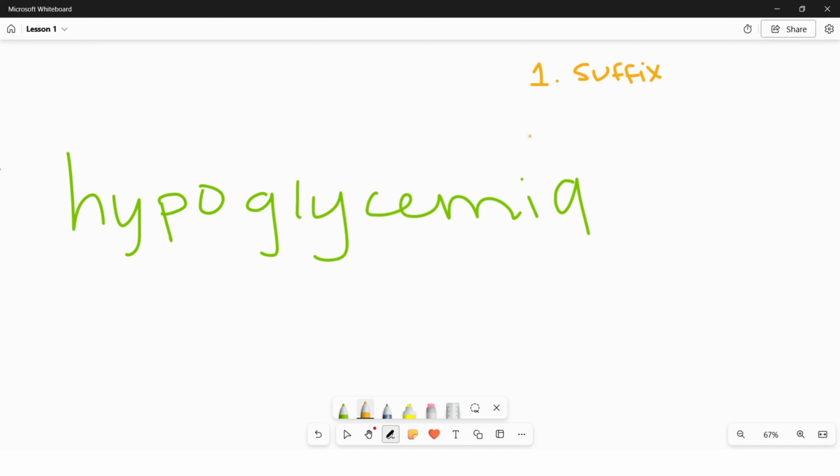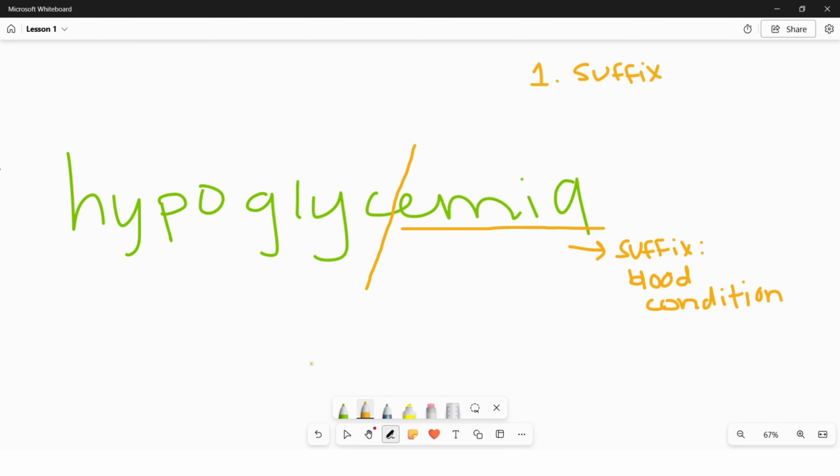And the suffix right here is emia. Okay, so let's put a line through it. The suffix you are going to label, write that it's a suffix, and then define. Emia means blood condition, right? Anemia, without blood, it means blood basically.